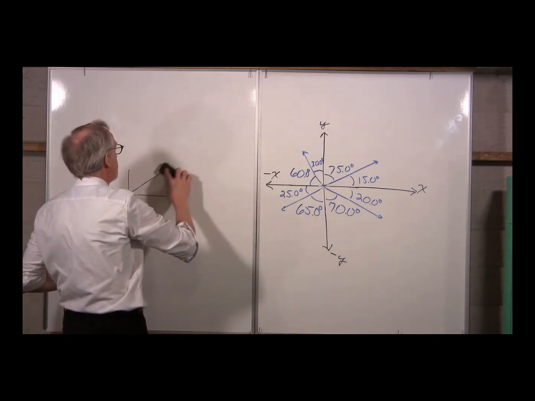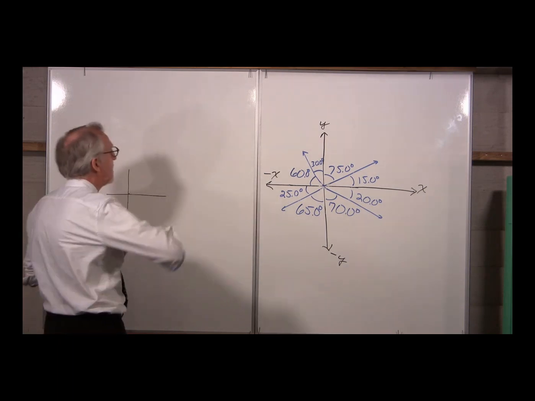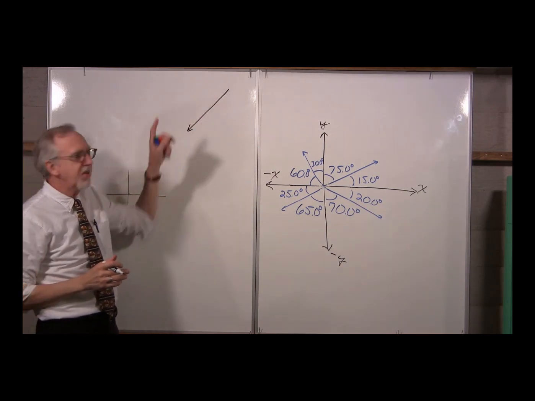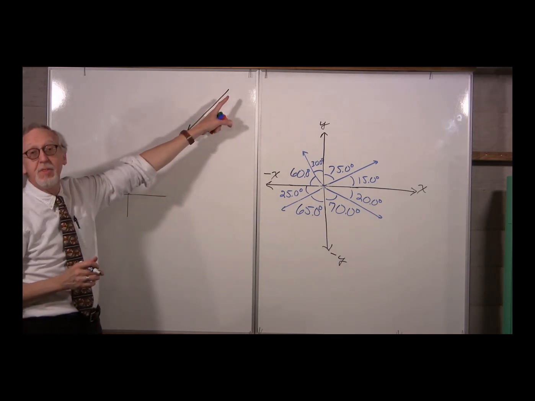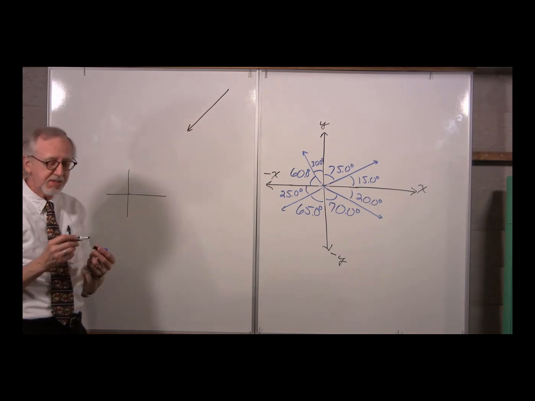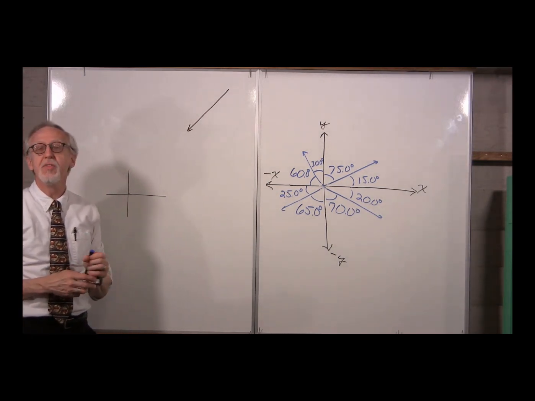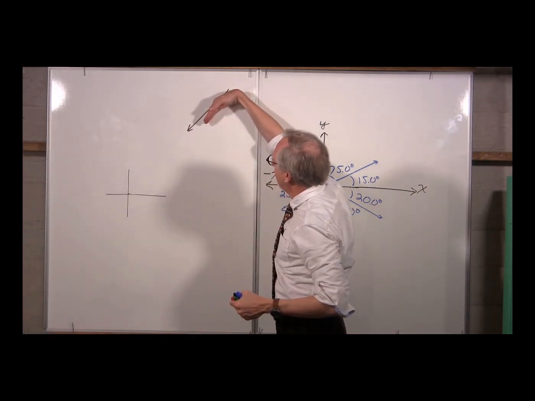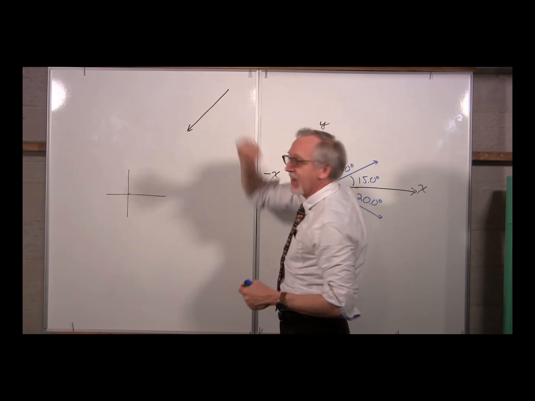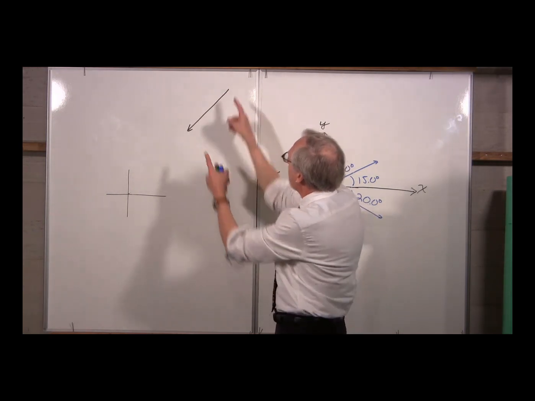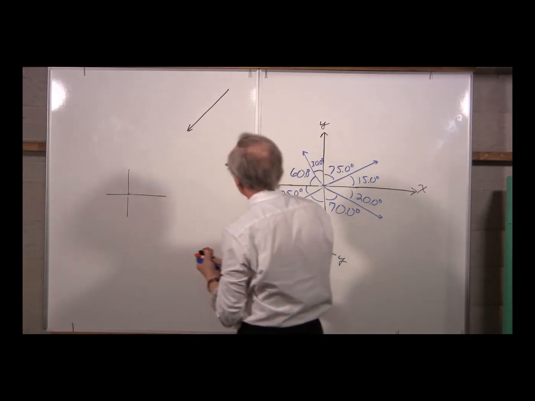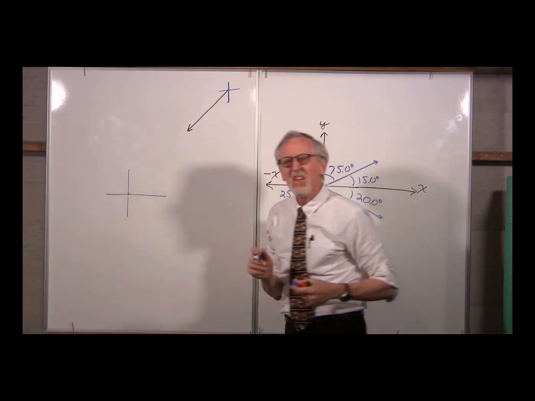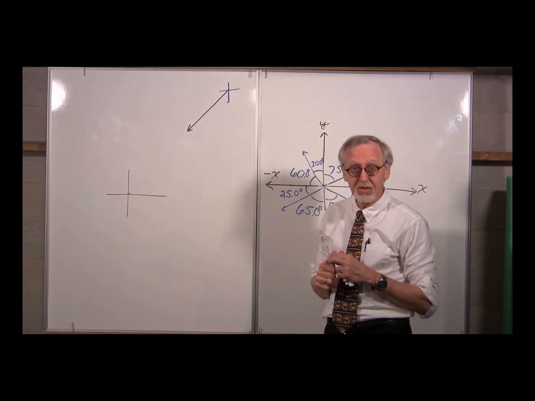A vector that looks like this, even if it's way up there, even if it's like existing somehow up in the first quadrant, if that's the direction, we would say that vector is below the negative x-axis, or to the left of the negative y-axis. You can either bring it down here to our axes, or just imagine bringing our axes up here. Either one, however you want to describe it.